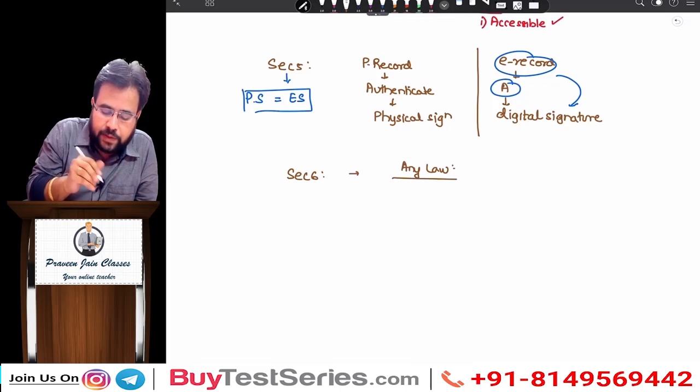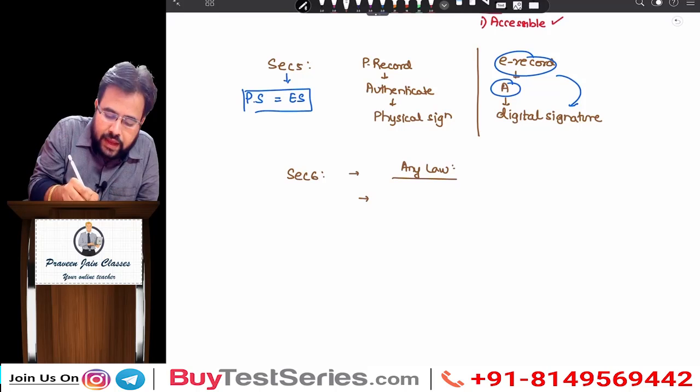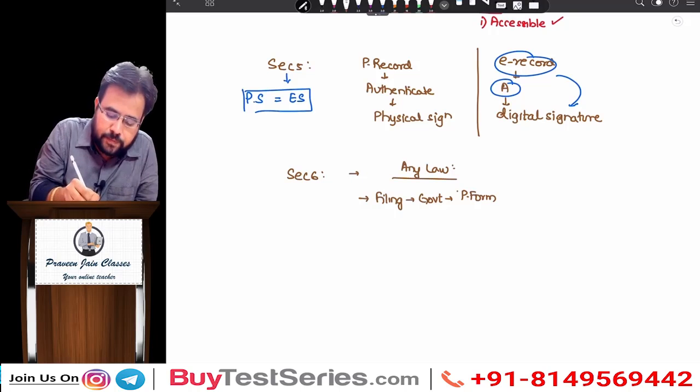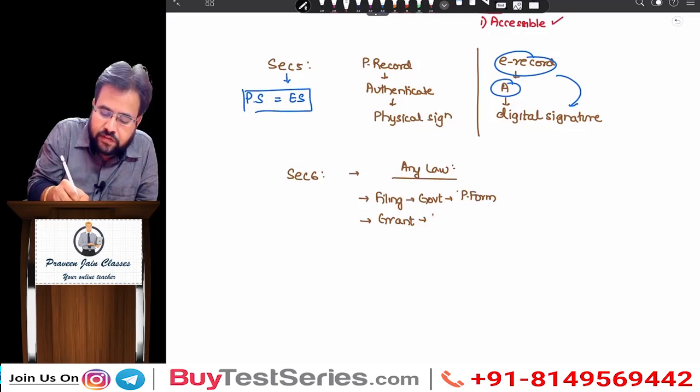As per any law, if an individual has to do filing with whom, sir? Government. In which form, sir? Physical form, sir. Filing with whom, sir? Government. In which form, sir? Physical form, sir. Sir, government has to grant what, sir?